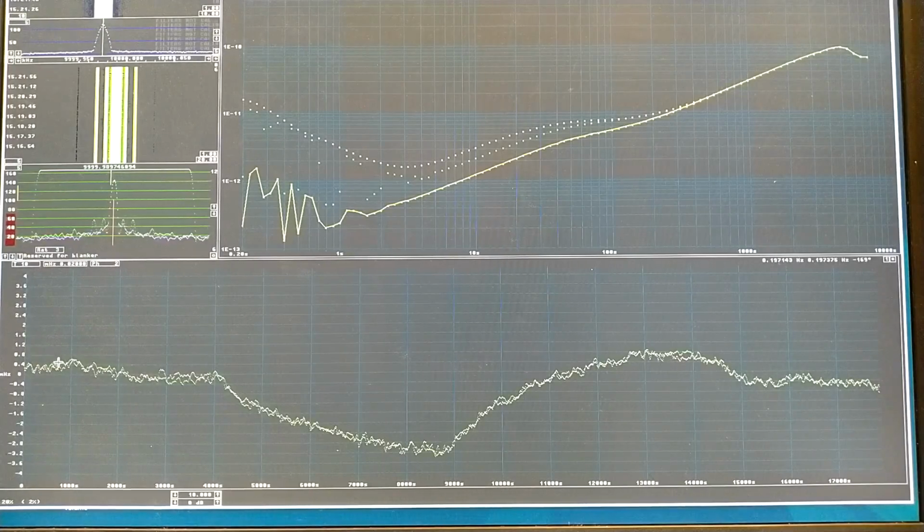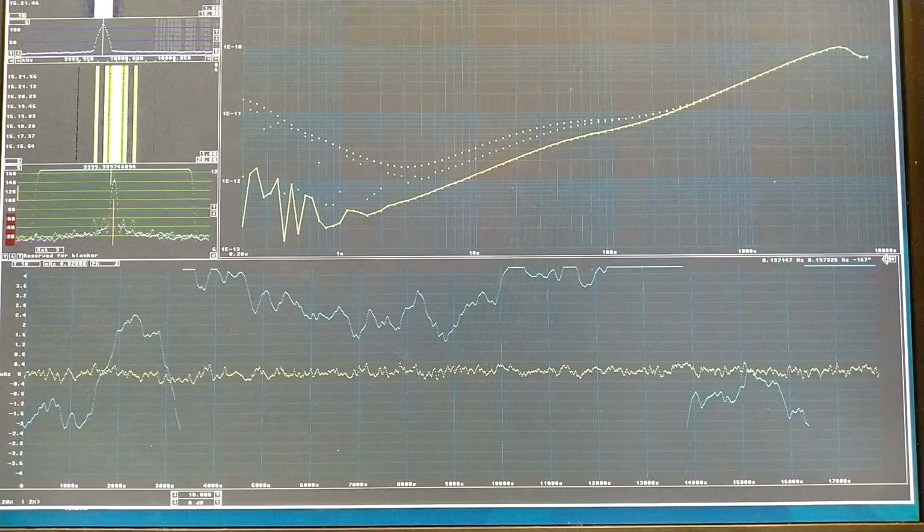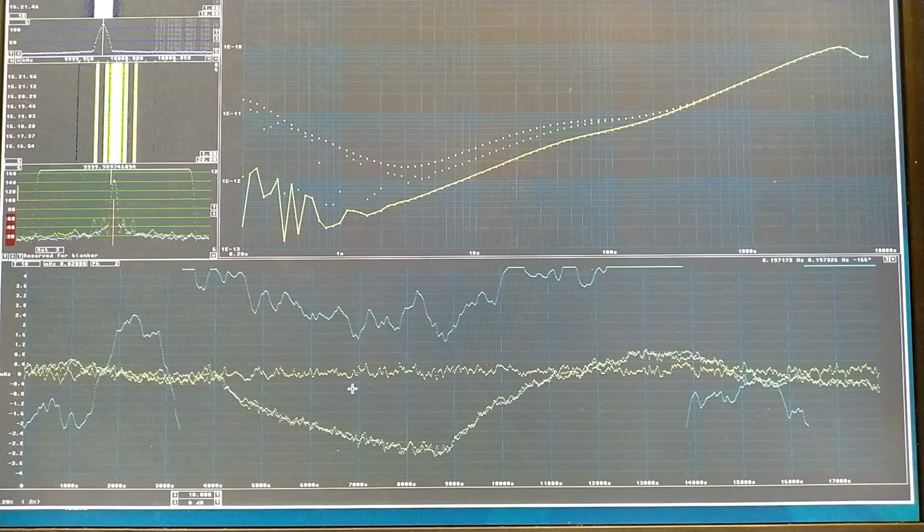Anyway, the noise you can see here, if I look at the difference between the two channels, it looks like this. And the difference between the channels is similar to what is correlated between the channels.